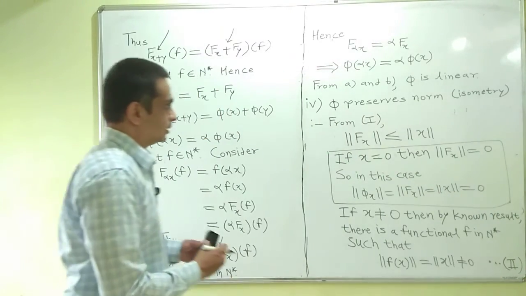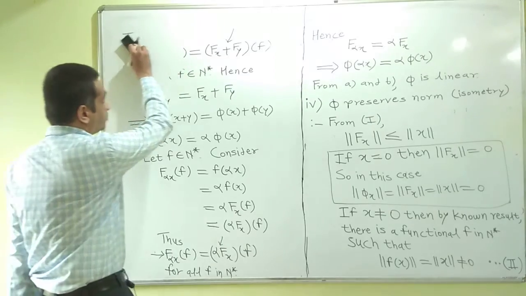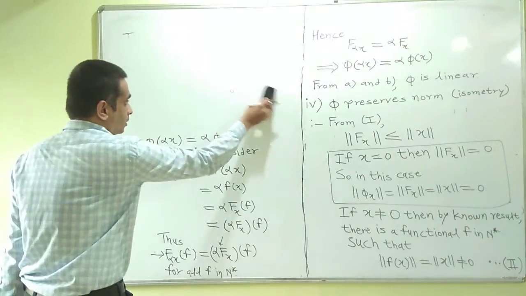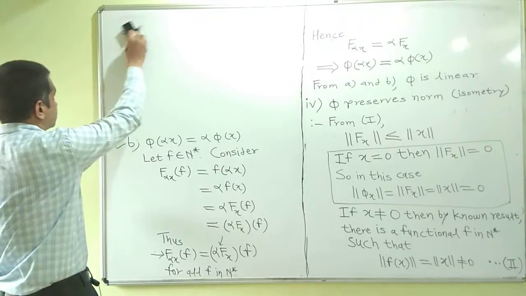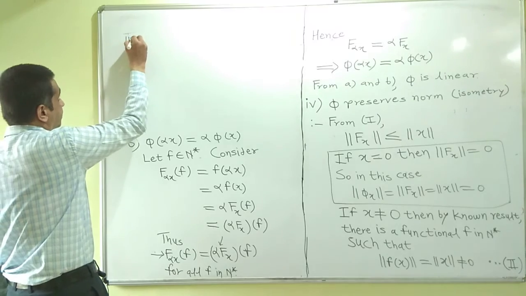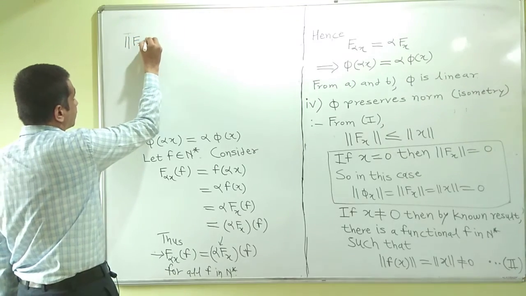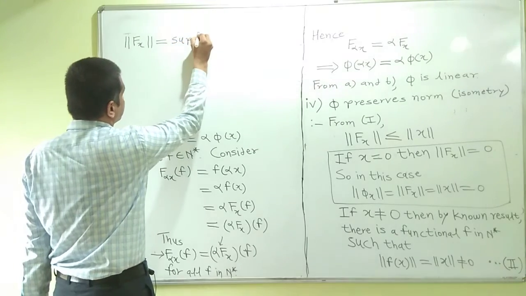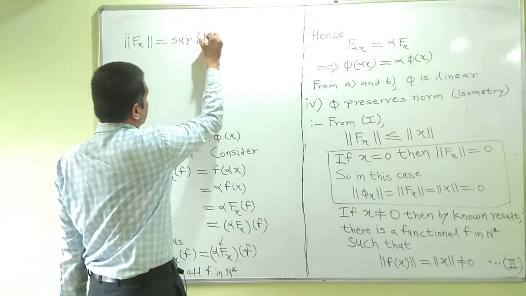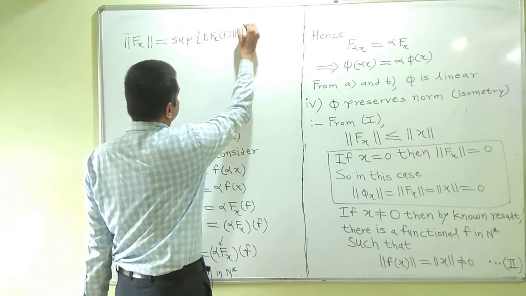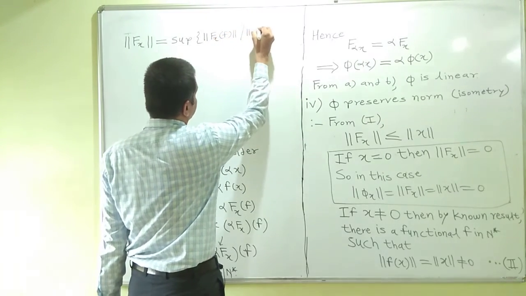Now recall the definition of norm. What is norm? It is a supremum. So norm of fx is nothing but the supremum of this set, norm of fx f, where norm f is less than or equal to 1.